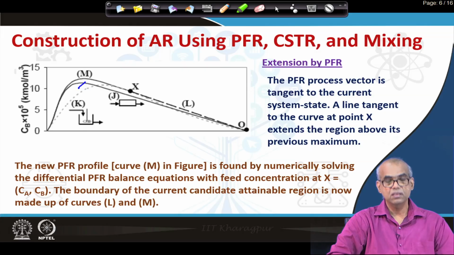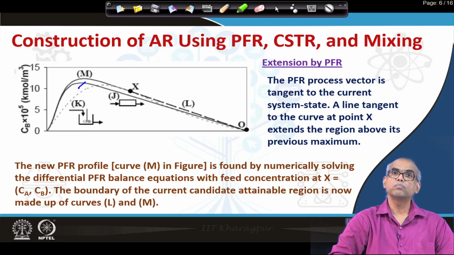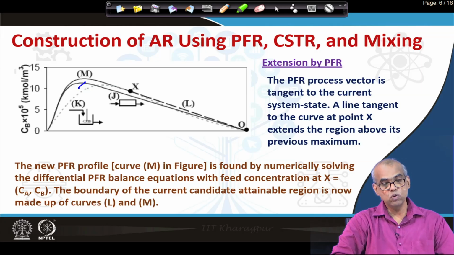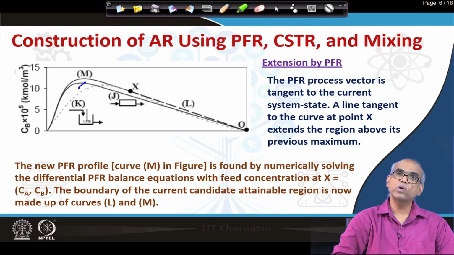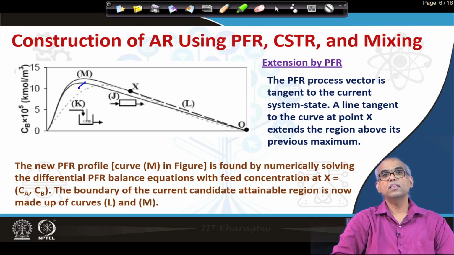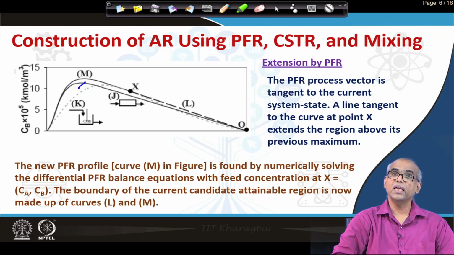So, how do you get this new PFR profile or PFR trajectory, which is represented by curve M in the figure? This can be found numerically by solving the differential equations for the PFR with the initial condition as given by point x. Point x represents the concentration of A and concentration of B which comes out of the CSTR, so they are the CSTR effluent concentrations.